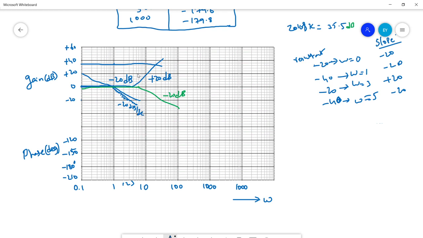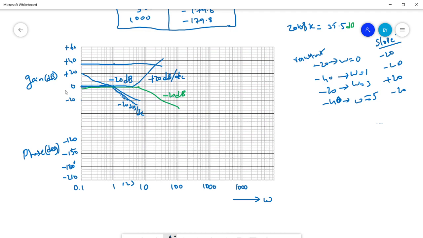The other point is at omega equal to 3, it is contributing plus 20 dB. So from 0 till omega equal to 3, you get 0, and at omega equal to 3, you will be getting plus 20 dB per decade. And again at omega equal to 5, another pole we have, so it is contributing minus 20 dB.